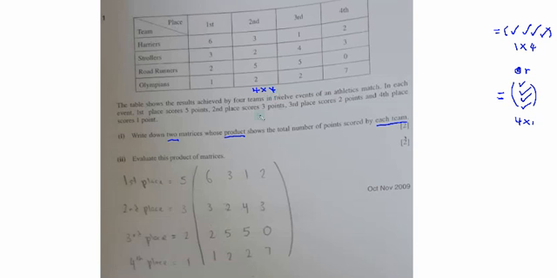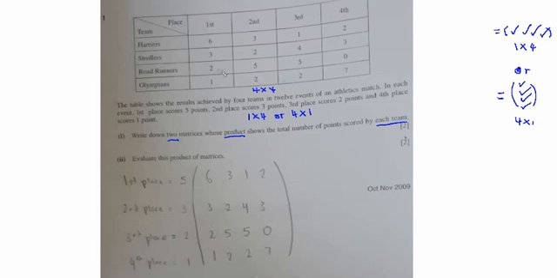Now the point allocation metric would be either 4 times 1 times 4, or we can put it as 4 times 1. Which one to use will depend on the order of the resultant metric you want to achieve. Now let's come back to this.